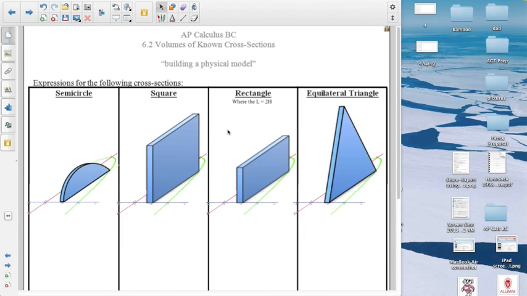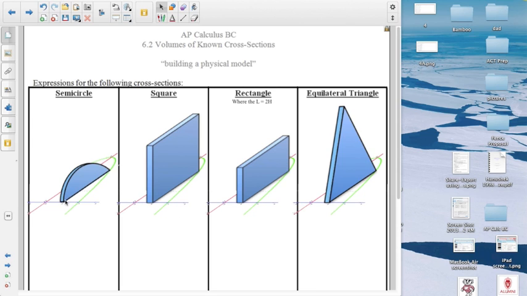Before we get into doing some calculus in regards to building volumes of known cross-sections, I want to go over some pretty basic cross-sections that you'd expect to see in your homework and on the AP exam.